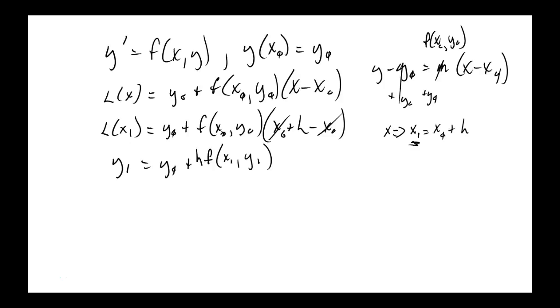So what you do, you're given the x0, y0, you do this one time, okay? That gives you an approximation for what your y1 is. When you plug in x1 here, which is x1 is that, so it's just an h, so it's h times that. That gives you your y1.